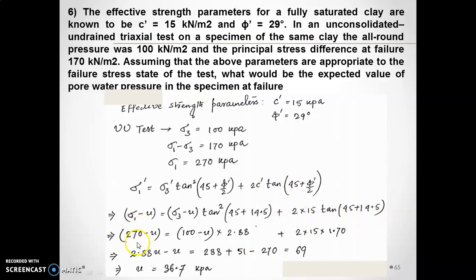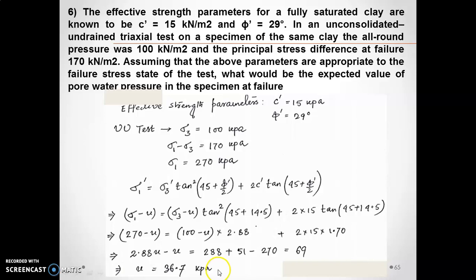So, you get here sigma 1 is equal to 270. So, 270 minus u is equal to (100 minus u) into tan square, simplified into 2.88, plus 2 into 15 into tan, which is 1.7. Simplify, only one unknown, that is u. So, when you simplify this, you get u is equal to 36.7 kPa.